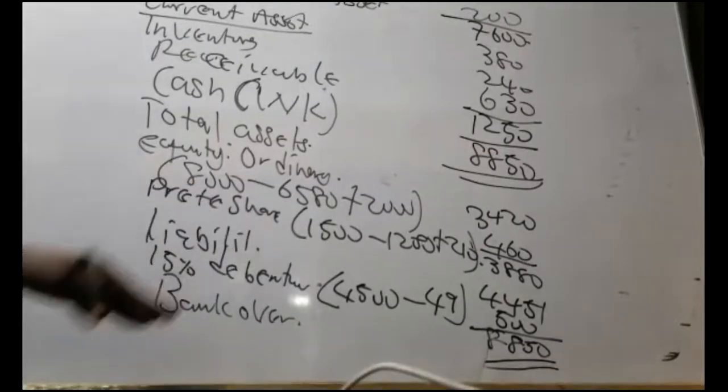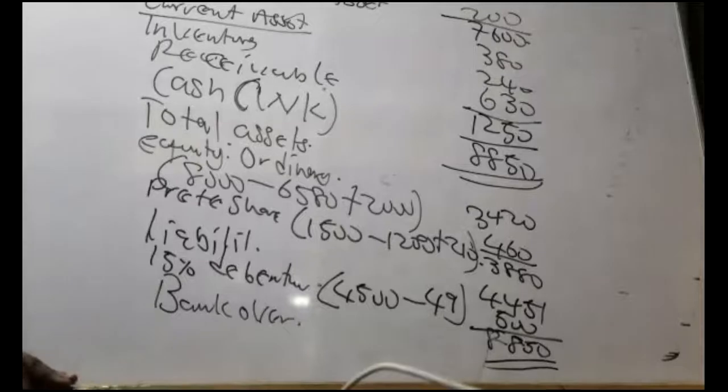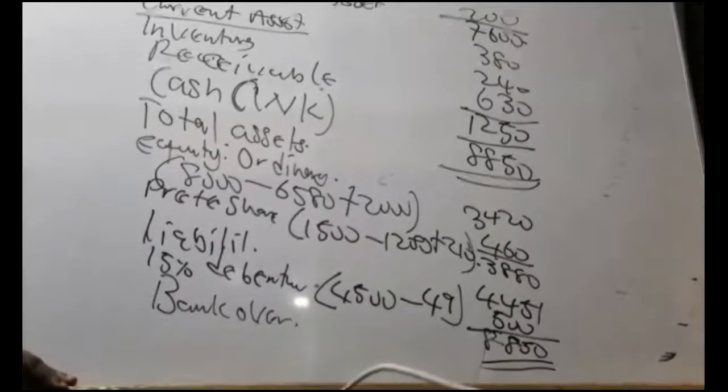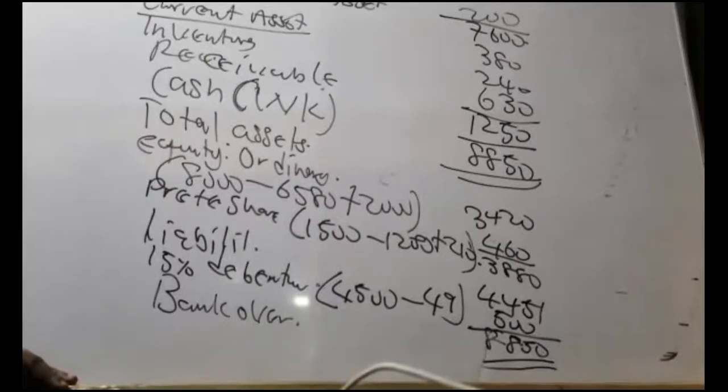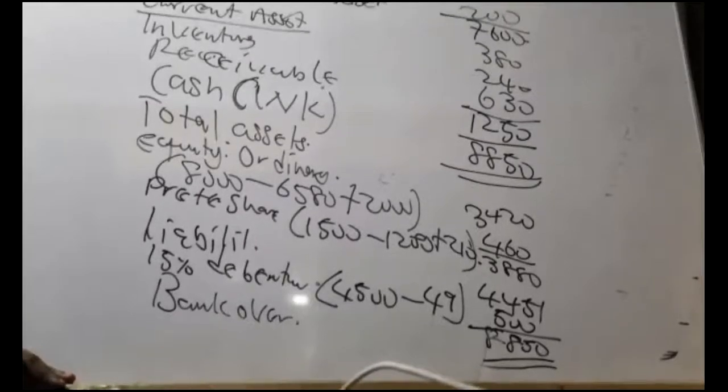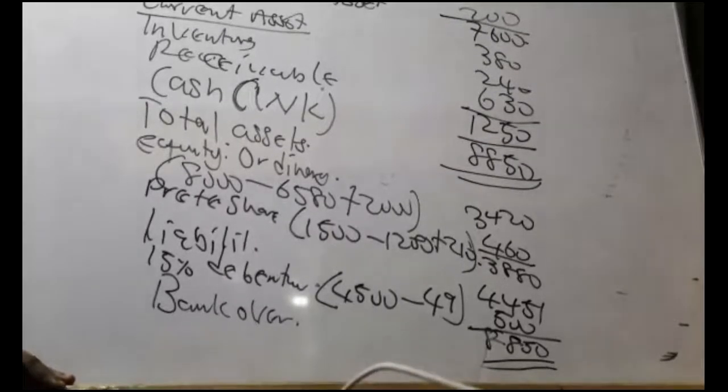Please, the debenture, how much were they losing? It's a 49, right? So that is it. Good. Is that so? There's something fishy here. There's no 9 in this.